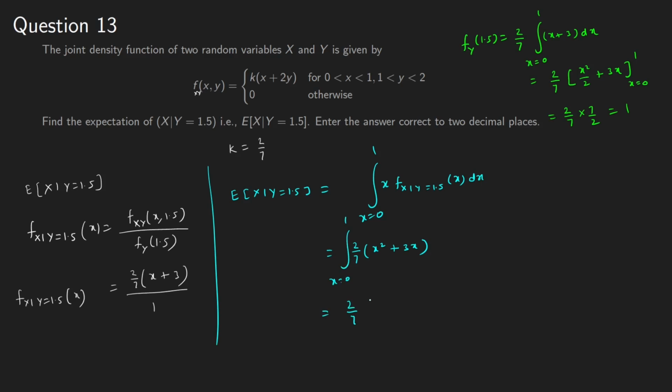2 by 7 times x cubed by 3 plus 3x squared by 2, x goes from 0 to 1.